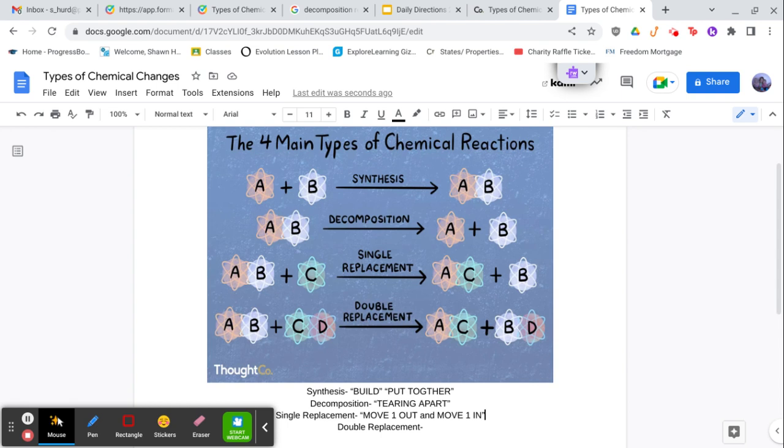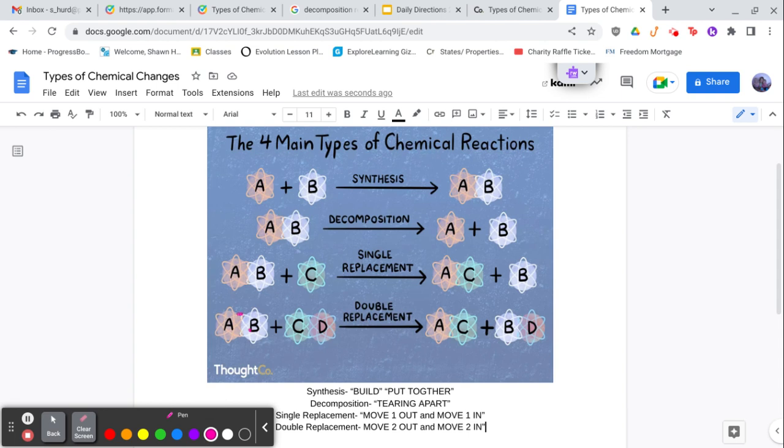So at this point, it should be relatively obvious that a double replacement is going to be move 2 out and move 2 in. When you have movement of two elements or two compounds, you're creating differing compounds in many cases. So let's take a look.